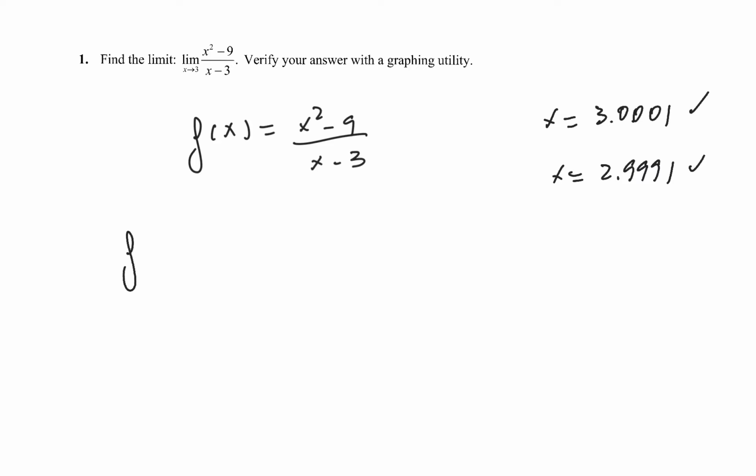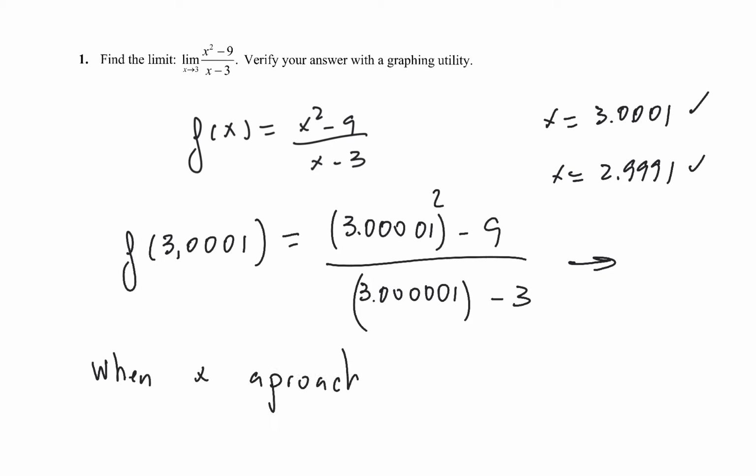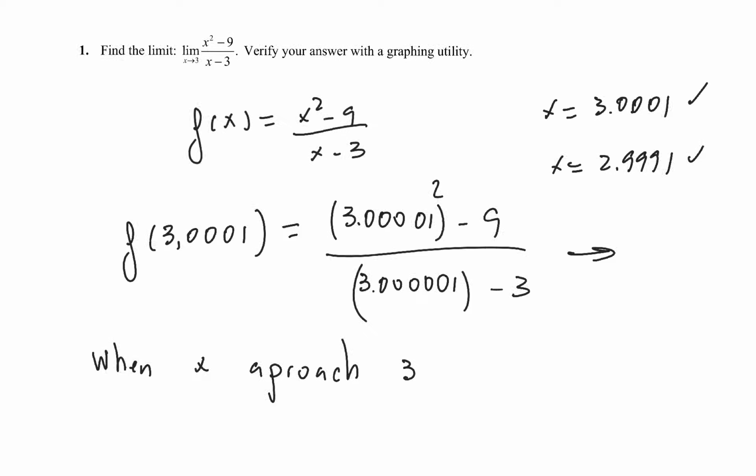So if you put f of 3.00001, you say 3.00001 squared minus 9 divided by 3.00001 minus 3, to where will it approach? When x approaches 3, it will be 3.001 or 2.9999, depending on whether you are approaching 3 from the right or from the left.